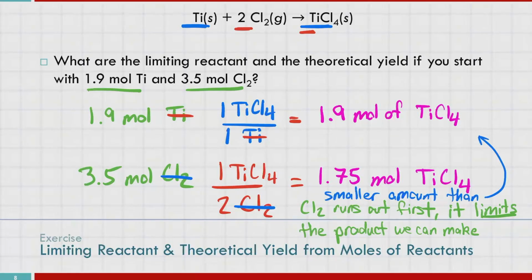So that's why it's what we call our limiting reactant. And this 1.75 is then our theoretical yield. It assumes that everything goes perfectly.